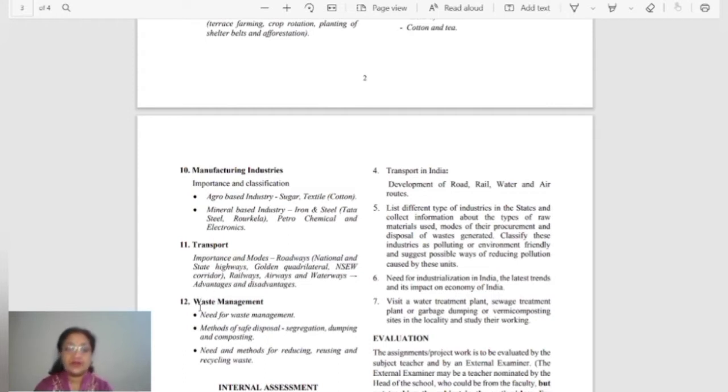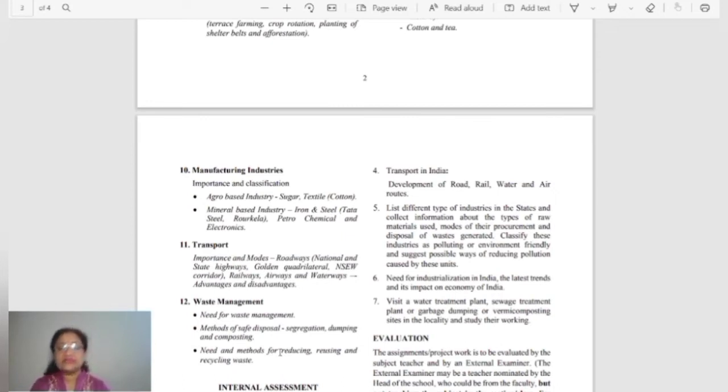Now in the second part of waste management, you will find methods of safe disposal, segregation, dumping, composting, all these are a part of it. And the need and methods for reducing, reusing and recycling of waste. That means what is its importance in the present scenario, its need and the various methods how we can actually apply all these three.